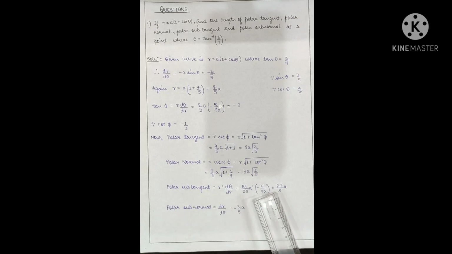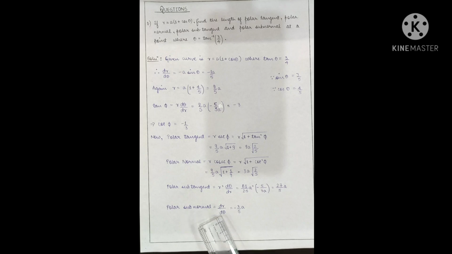We'll calculate this and it will come as 27 by 5a. Now for calculating polar subnormal, we use the formula dr upon d theta. From where we can see, it is minus 3 by 5a.